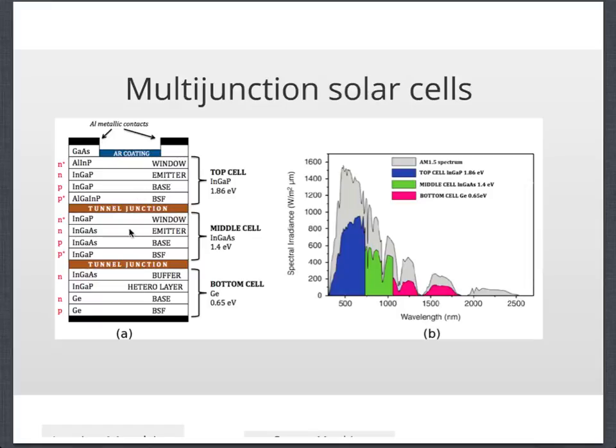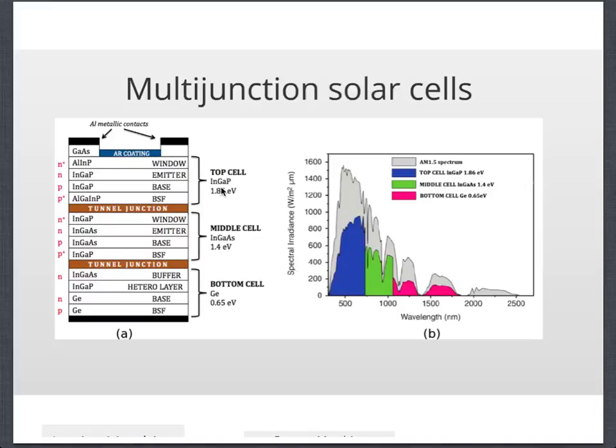It's just a structure which uses materials with different band gaps. The highest band gap is placed at the top, then the middle band gap, and then the lowest band gap.